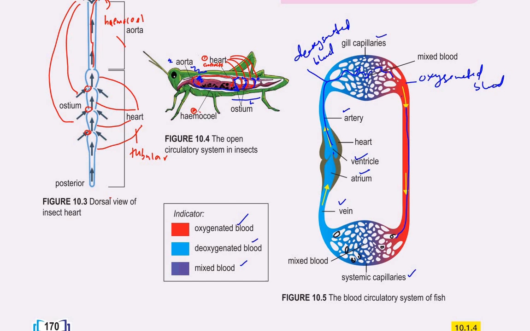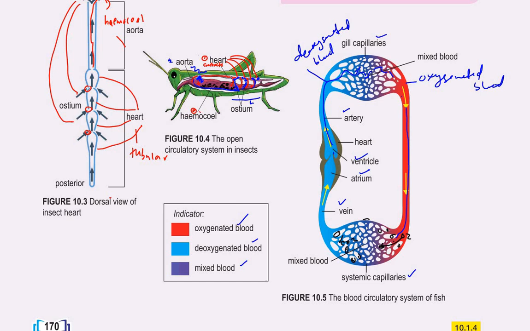Systemic because of tissue and cells and so on. So what happens? The oxygen from here will diffuse into the cell, or diffuse to the tissues, while at the same time the cell also produces CO2. This CO2, or carbon dioxide, will diffuse into the capillaries here.